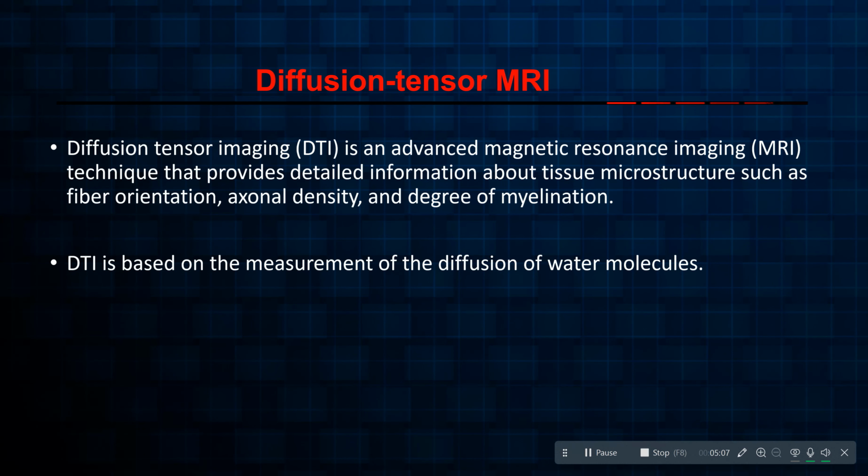There's a technique called diffusion tensor imaging, which is an advanced magnetic resonance imaging that provides detailed information about tissue microstructures, such as fiber orientation of the muscles, axonal density, and the degree of myelination. DTI is based on the measurement of the diffusion of water molecules, because we are about 70% composed of water.